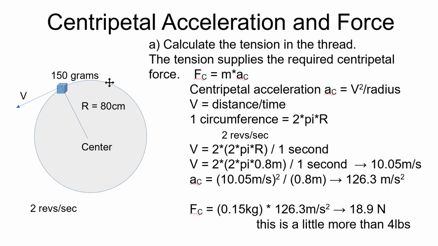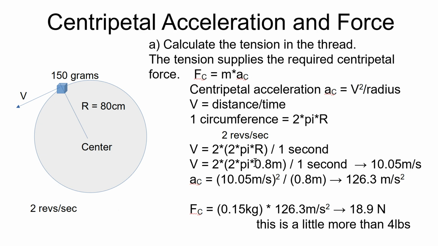And circumference is 2 times the constant pi times the radius. So let's start to plug some of this in. So our speed here, magnitude of the velocity, is going to be 2 because there are 2 revolutions per second. 2 pi r is the distance for 1 revolution, and we're doing this in 1 second.